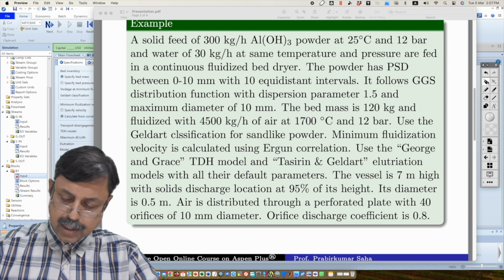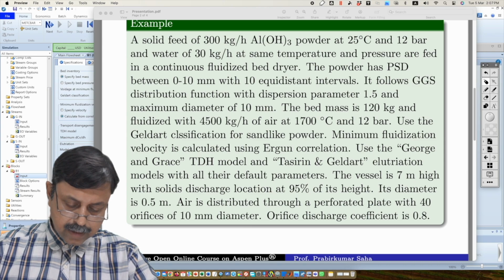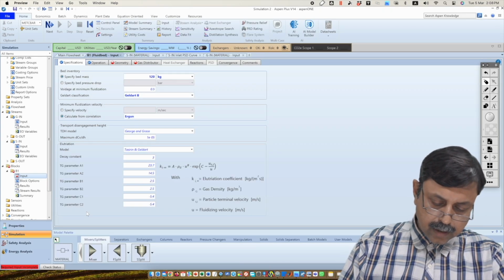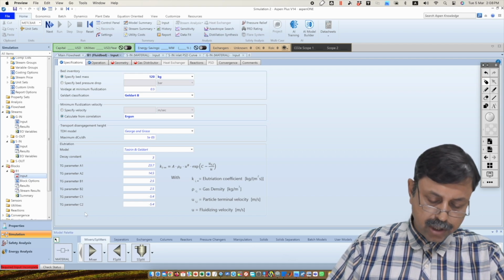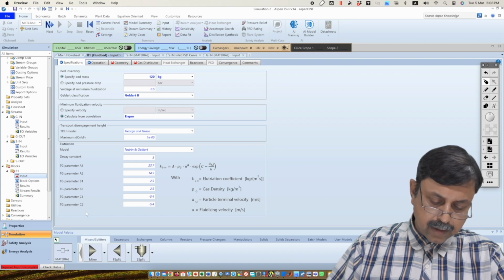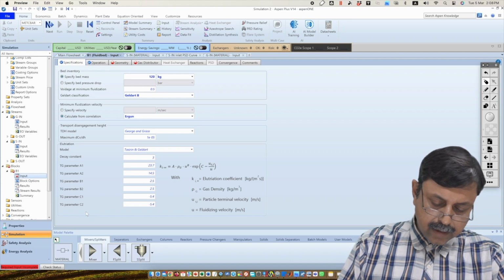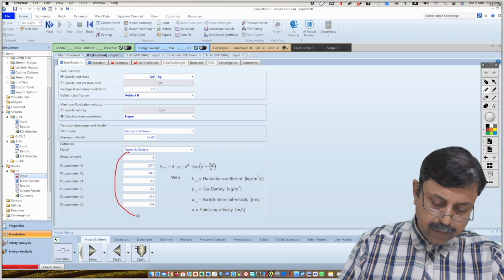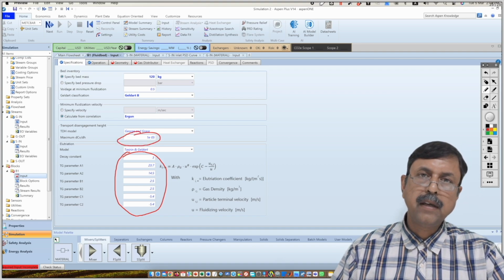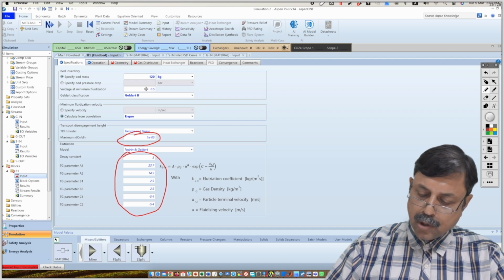You can see it is George and Grace and Tasirin and Geldart elutriation model with all their default parameters. The default parameters are given over here. We retain them. And for the TDH model, this is the default parameter that we also retain. So we do not have to specify anything more over here.